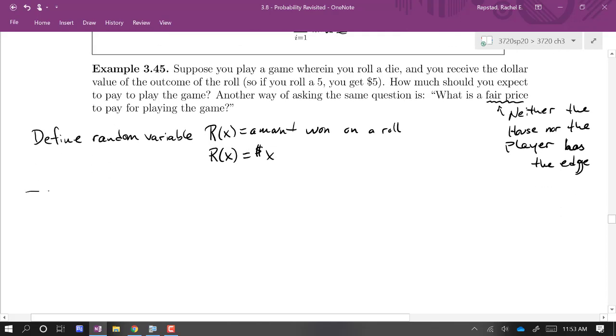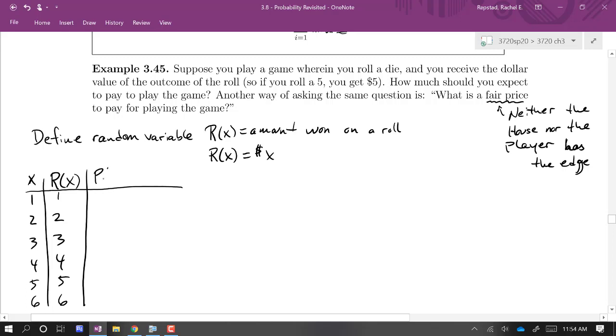So I'm going to make a little table to organize. The individual outcomes that we're calling x here are going to range from 1 through 6, right? 1, 2, 3, 4, 5, 6. And the random variable takes on a value equal to x, right? So the way we've defined the random variable is quite simple.